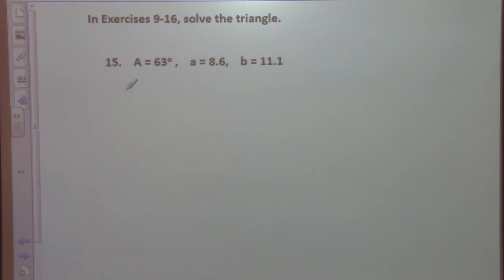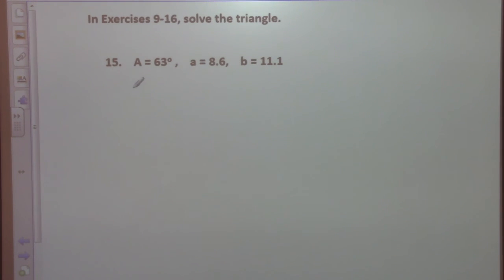So if we have A over sine of 63 degrees equal to, well, I want to write it differently.